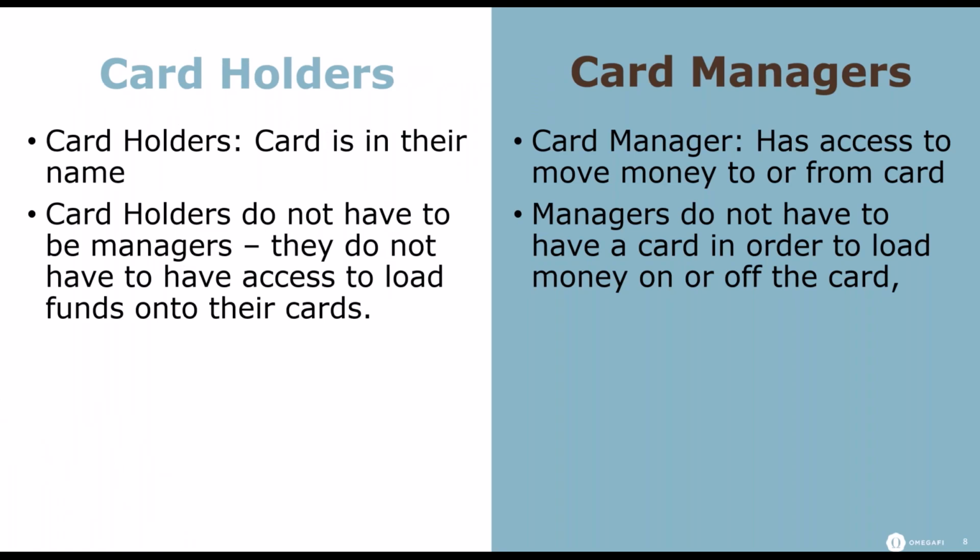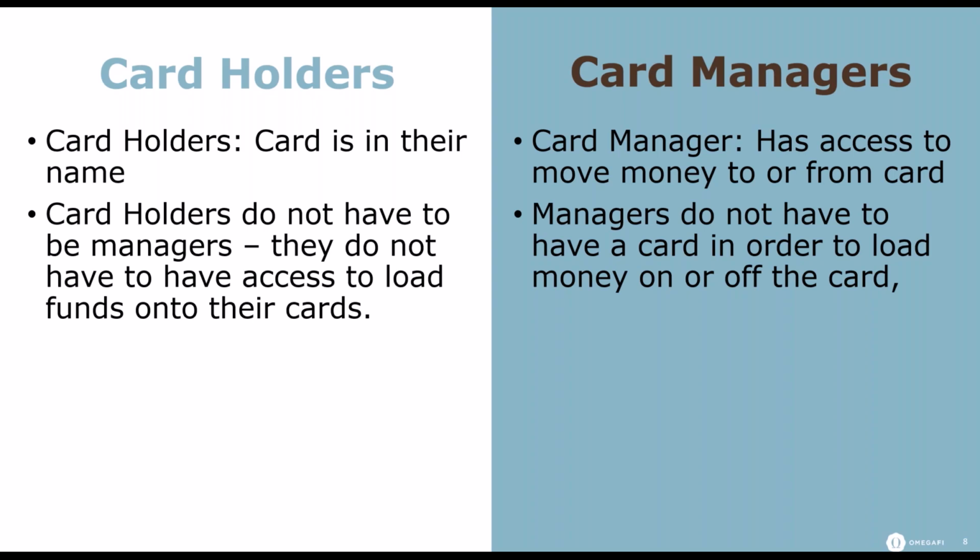Also, within the officer purchasing card program, we have what we call card holders versus card managers. A card holder is someone that has a card with their name on it, and those are the folks that are going to be out there actually using those cards to make purchases. A card manager is someone that has the ability to move money on or off the card as needed, and may have greater bill pay access.